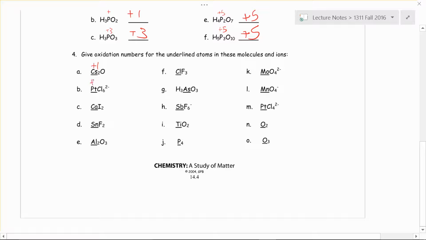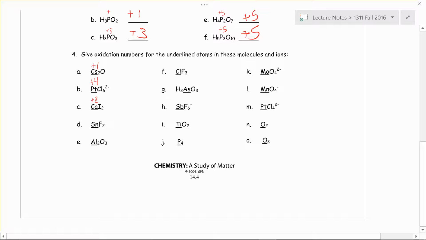Yep, +4, because what is the oxidation number of a chlorine? -1 in this case. Okay? And that gives us -6, minus 2, that's -4. So we balance it with a +4. Iodine, or I'm sorry, the calcium. Okay, +2.